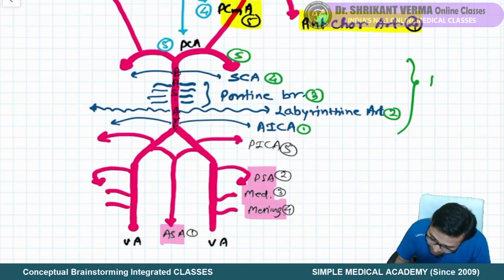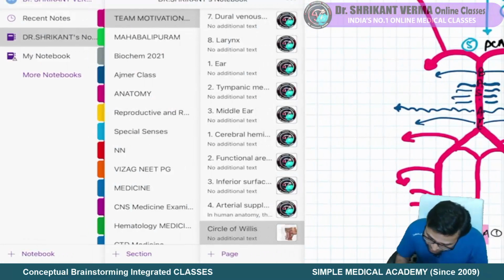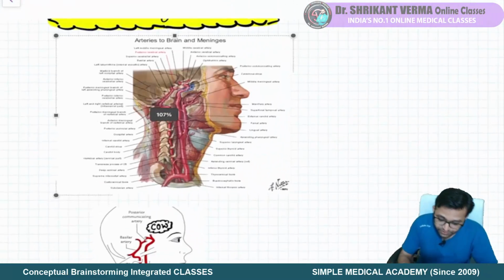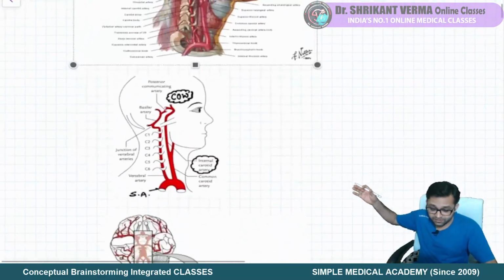These are the branches of what? Basilar artery.